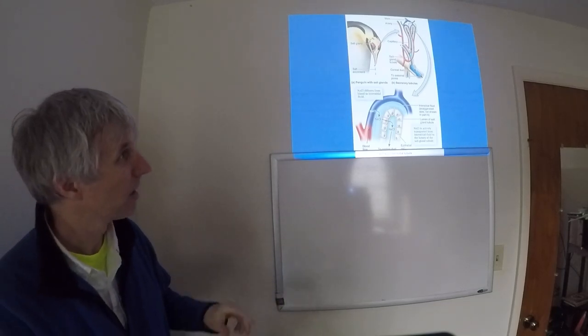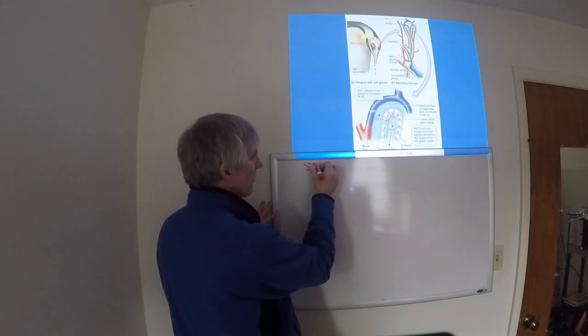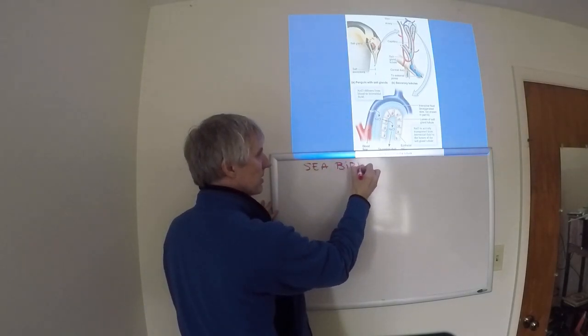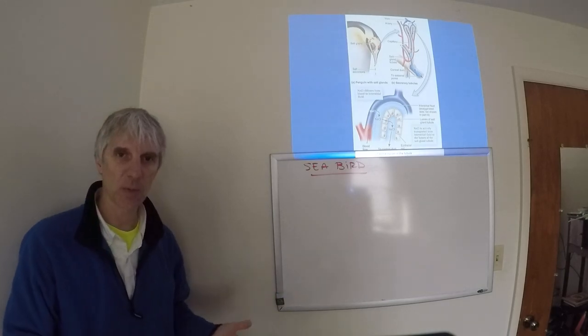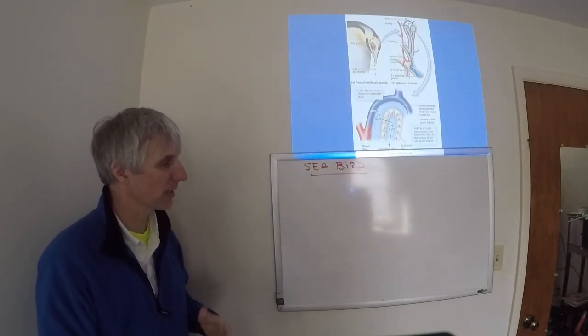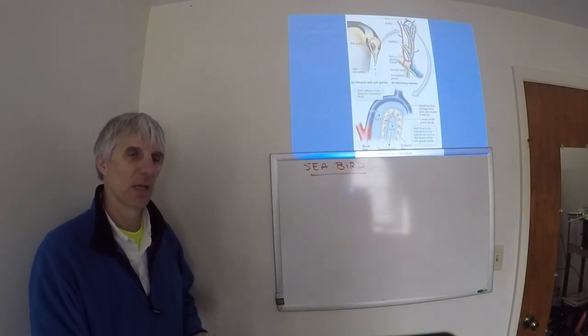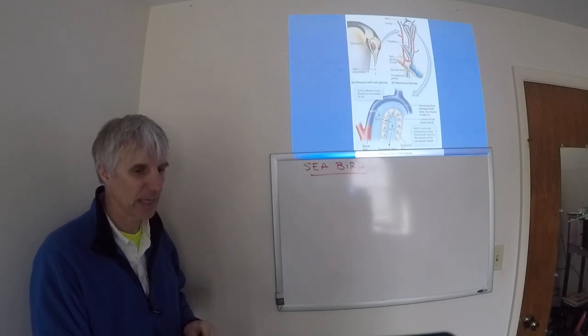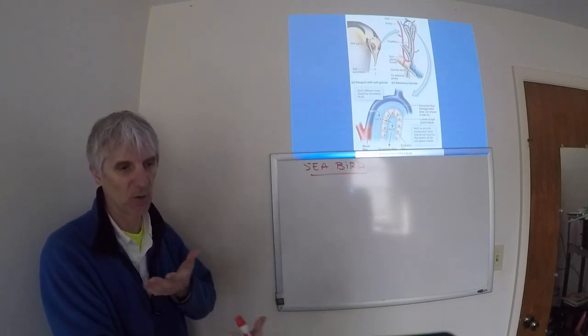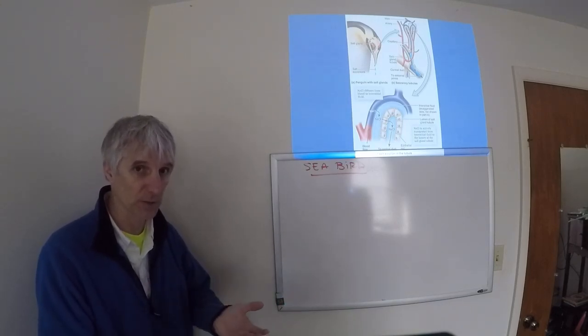All right, now, the reason they've gone with a penguin for this example is that it's a seabird. It feeds on a lot of organisms that live in the ocean. And because of that, it's taking in different concentrations of salt water, water and salts.